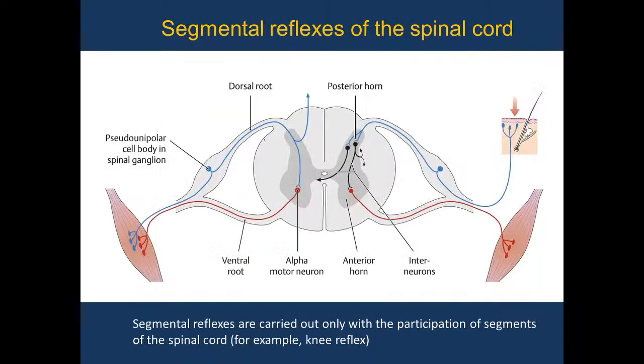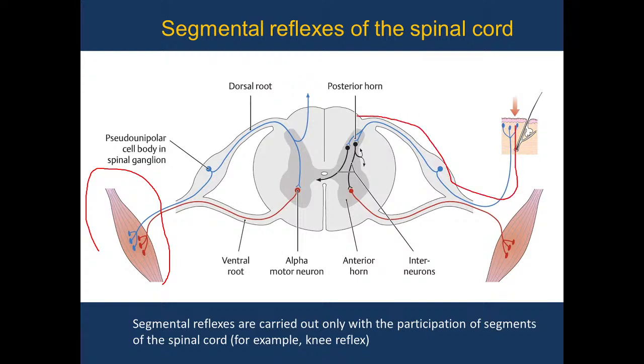Another diagram shows another picture of reflexes. This is the typical knee reflex, but here is the reflex from the surface of our skin. For example, if we take a needle and damage the skin, this is the reflex.